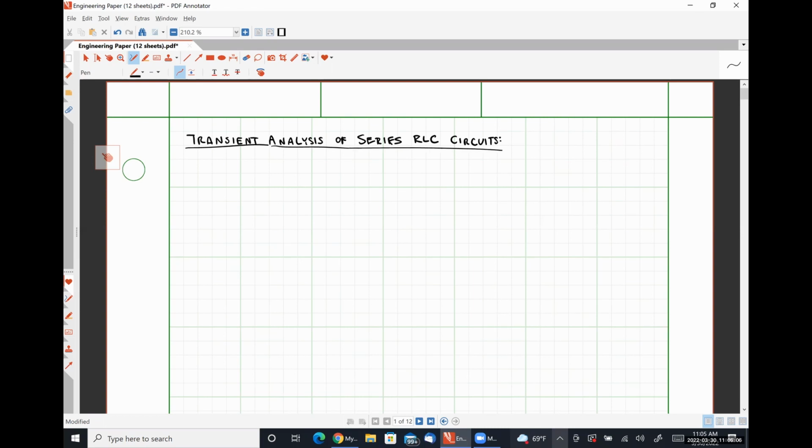So let's say that we have the following circuit. I'm going to put a resistor right here, R. I'm going to put an inductor here, L. Capacitor here, C. And connected to this series combination of resistor, capacitor, and inductor, I am going to have, let's say, a voltage source, Vs. And here I'm going to have a switch.